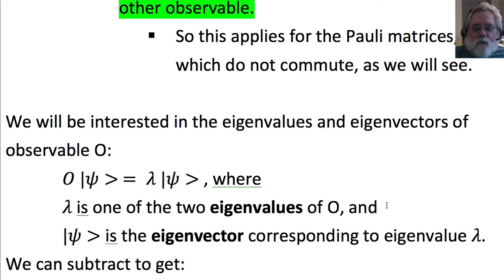When they're the same, we say that there are two with the same value. When we can solve this eigenvalue equation, lambda will be the eigenvalue, and the particular state vector psi that solves it is called the eigenvector corresponding to that eigenvalue lambda.